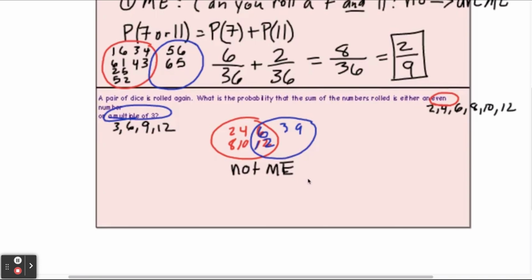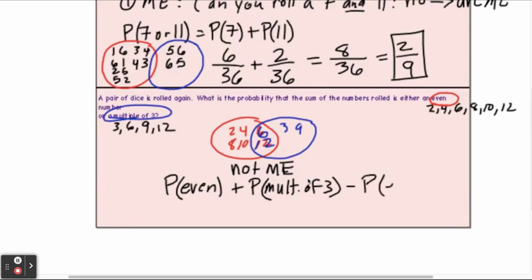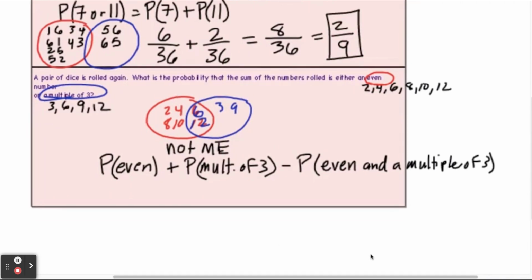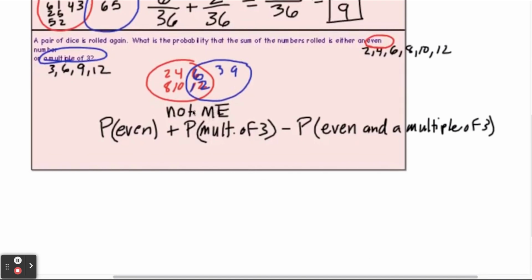So what I'm going to have to do is take the probability of rolling an even number, add it to the probability of rolling a multiple of 3, and then this time subtract the probability of getting an even number and a multiple of 3. So if the 2 events are not mutually exclusive, if they can happen at the same time, then you have to subtract that overlap.